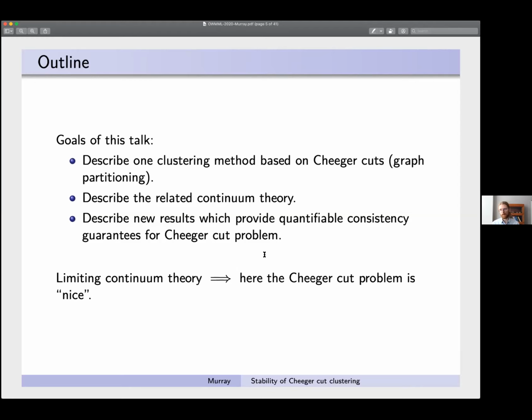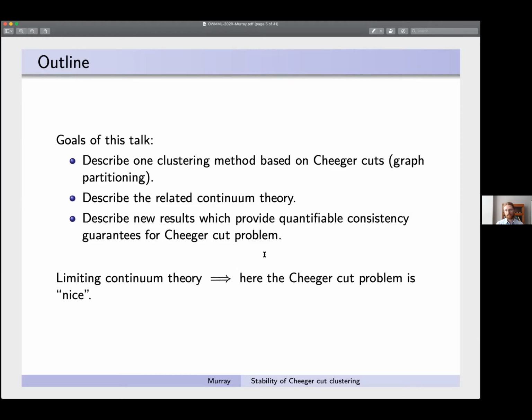And so a big part of this talk will be related to the continuum theory that's underlying some of these methods. And then the punchline of the talk is I'm going to describe some new results that provide concretely quantifiable consistency guarantees for the Cheeger cut problem towards its asymptotic limit. In the vernacular of statistics, we would say that these are quantified asymptotic consistency results.